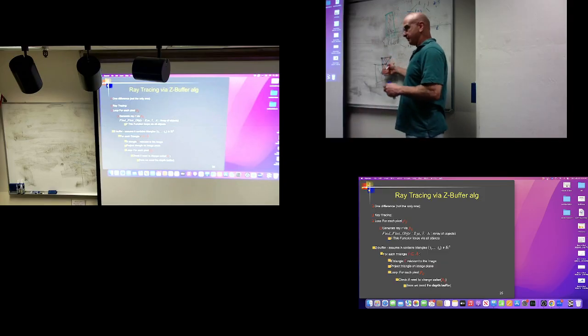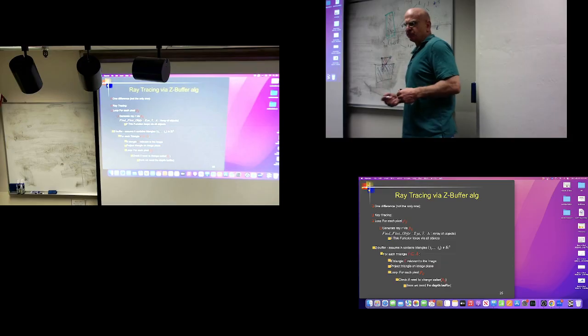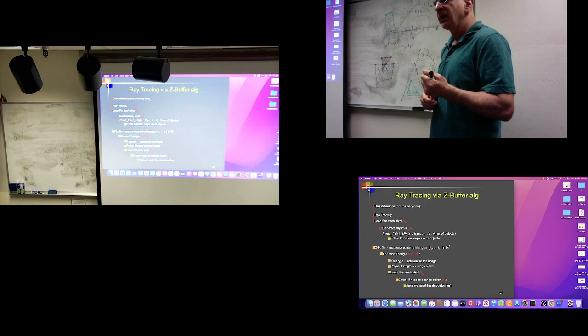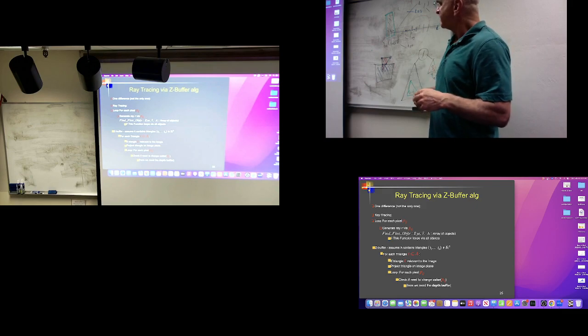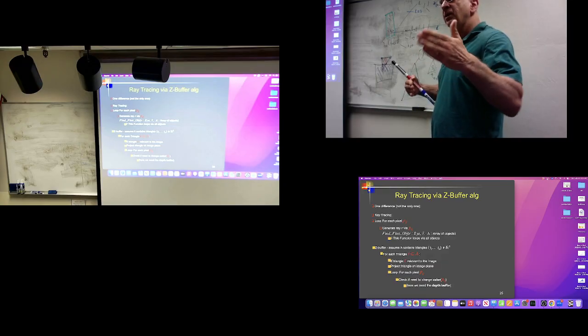If I first render the red, because the red is further away, and then the blue is closer to you, I'll change the color of every such pixel to blue. So the painter algorithm and the Z-buffer are a bit similar, except that the decisions I'm making are not trying to be global.